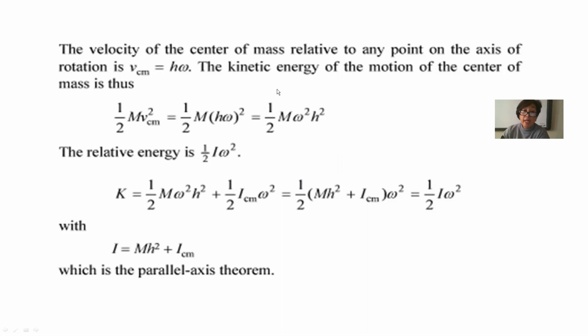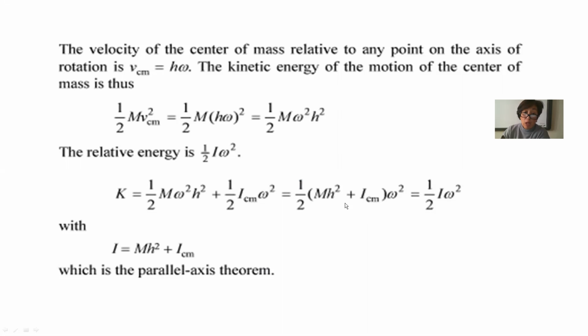This is the formula for the kinetic energy of the motion of the center of mass, and using the kinetic energy equal to the kinetic energy of the motion put in here. This is the formula E_n plus the relative energy.